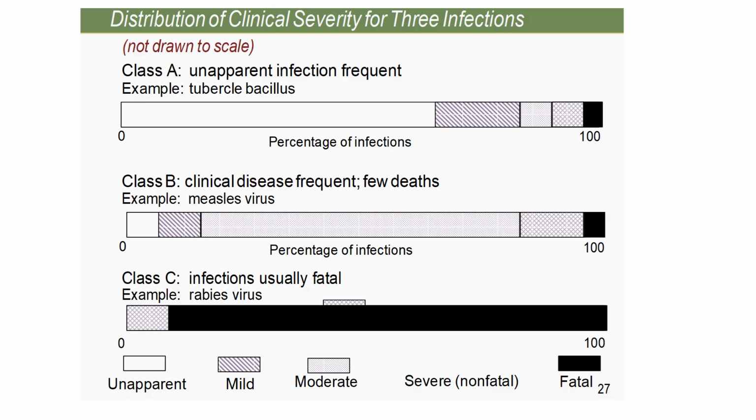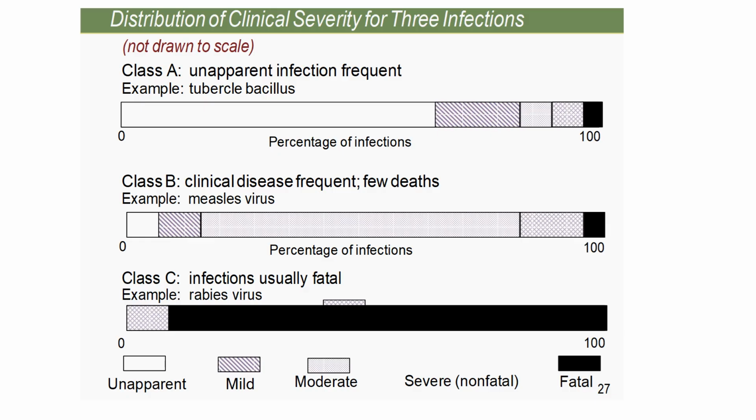In the case of tubercle bacillus, unapparent infection is very frequent. Most of the cases have unapparent infection with a good proportion of very mild symptoms and a very small number of fatal cases.